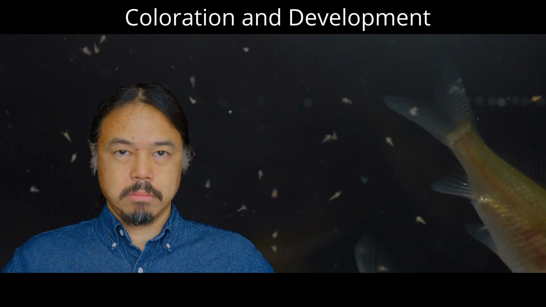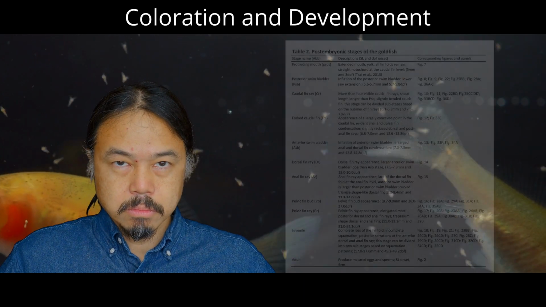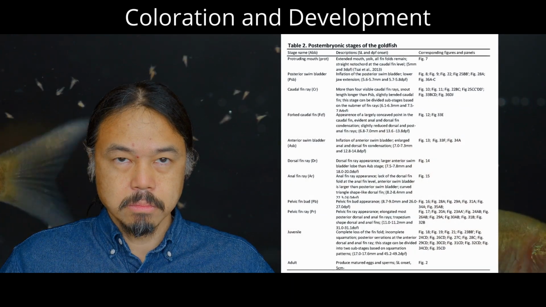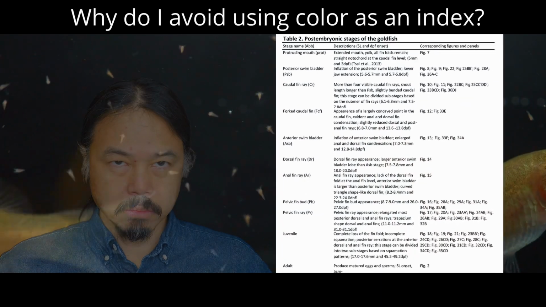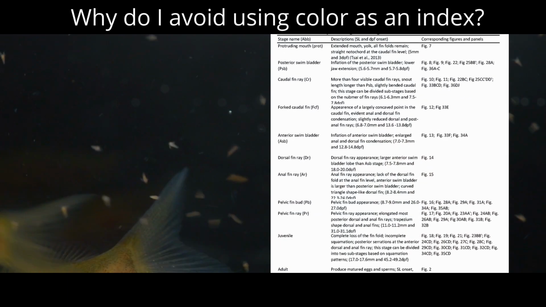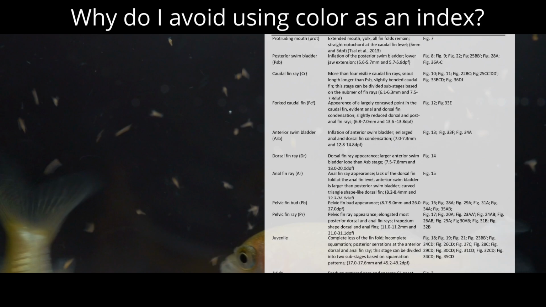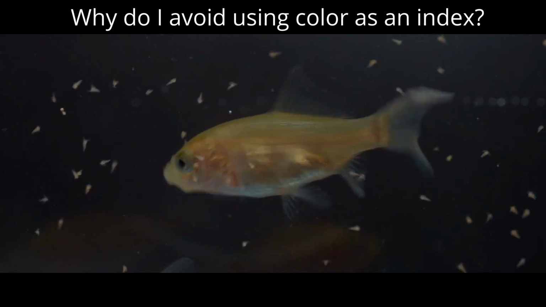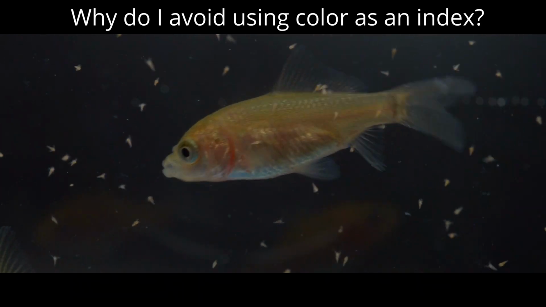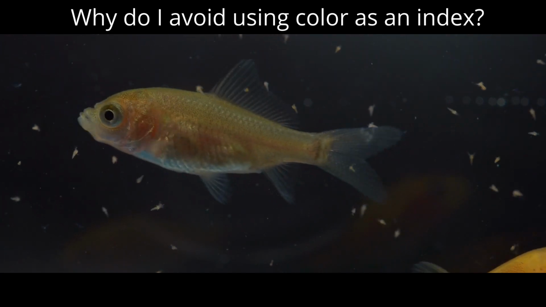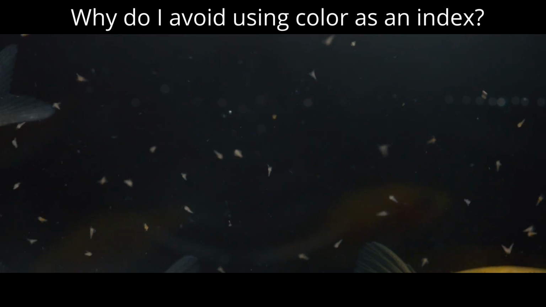However, I have tried to avoid using color information in this developmental staging table. The reason for this is that we thought that color is not suitable as an indicator of different stages because it is easily affected by food and light environment.